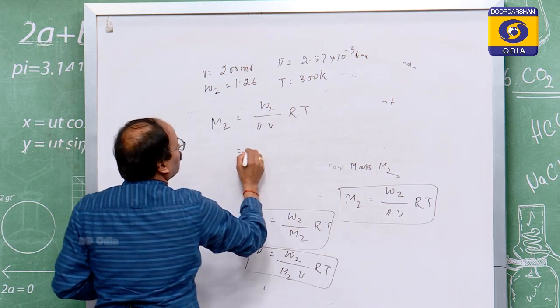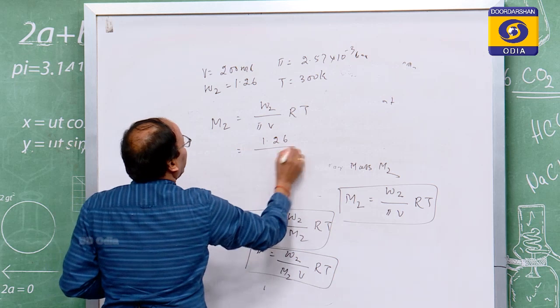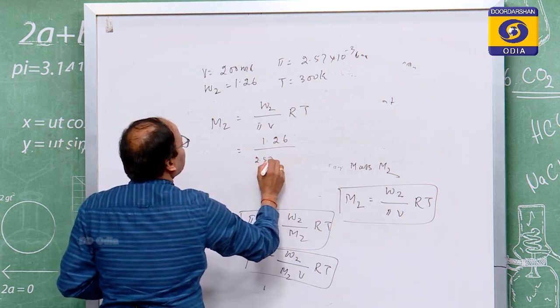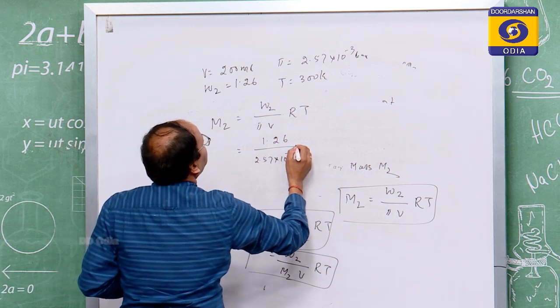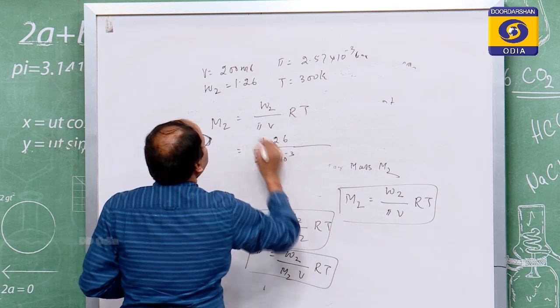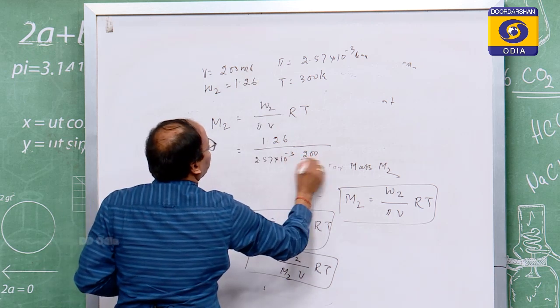W2 is 1.26, then pi is given as 2.57 times 10 to the power minus 3, then your V is 200 milliliter, you have to make it to liter, 200 by 1000.